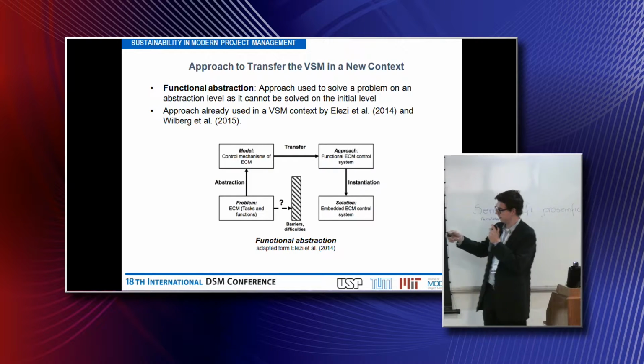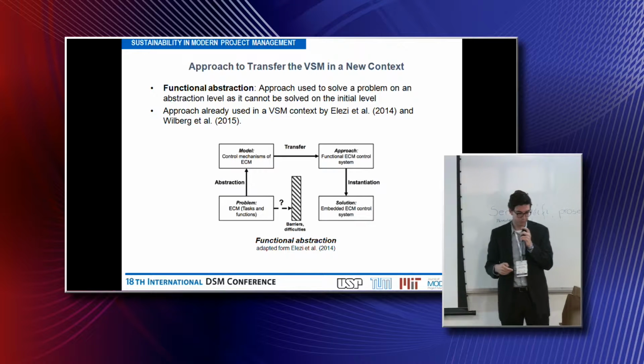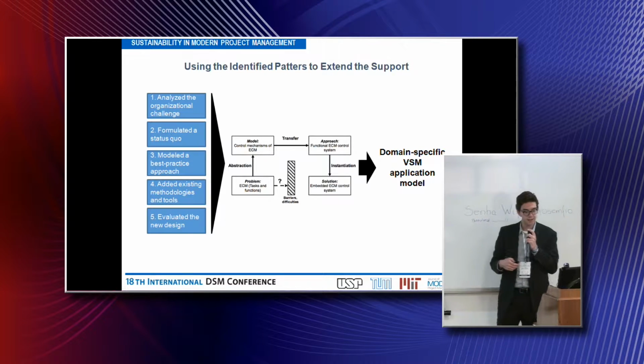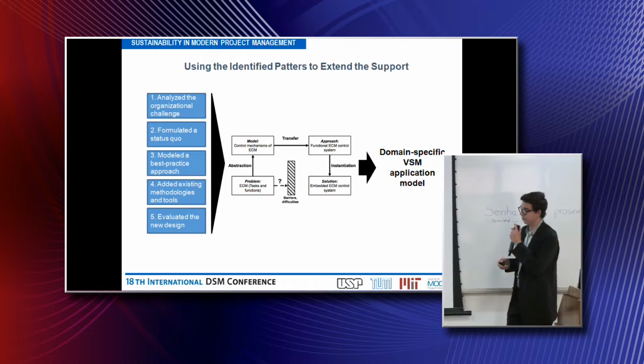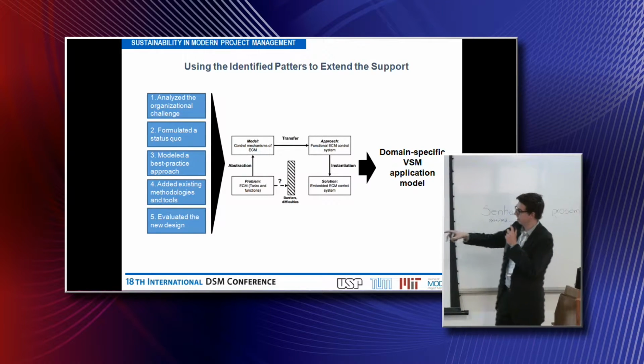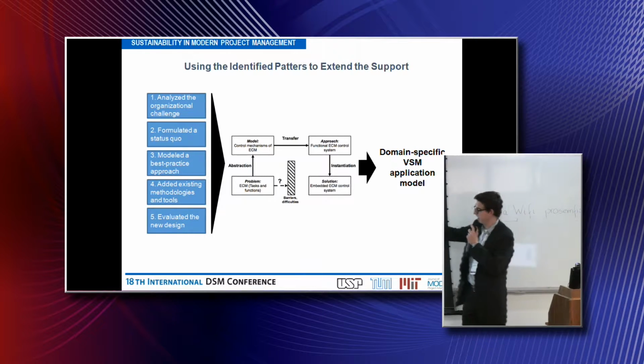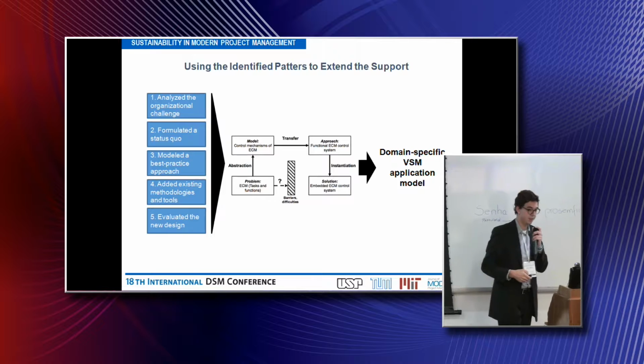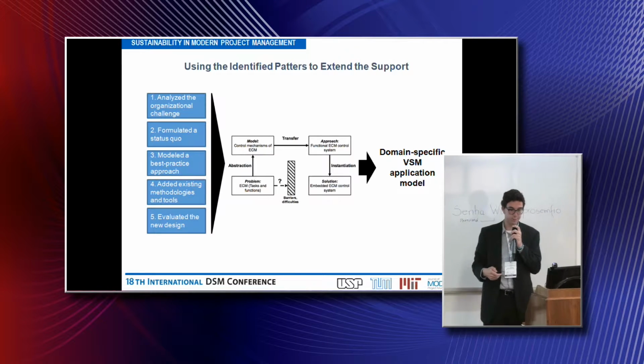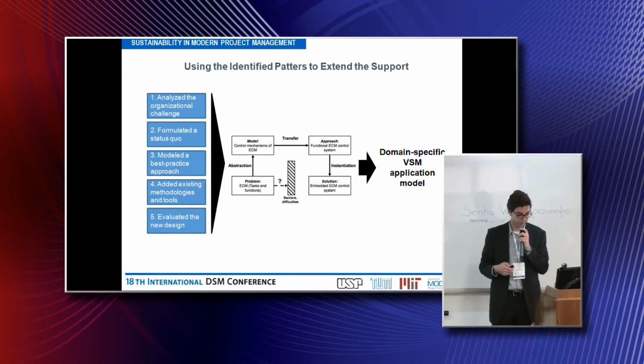So we used this functional abstraction approach and combined it with the findings that we had from the literature based on the case studies. So what was done in the literature, how can you overcome organizational problems, and in the end to come out with a domain-specific viable system model application framework.